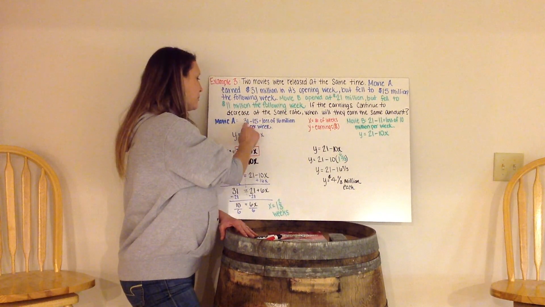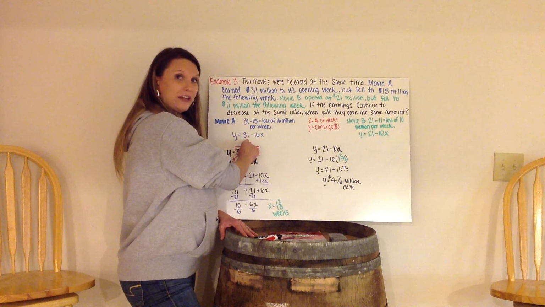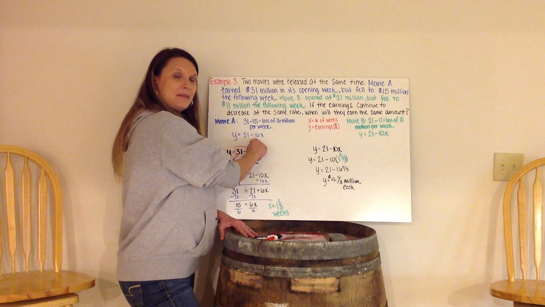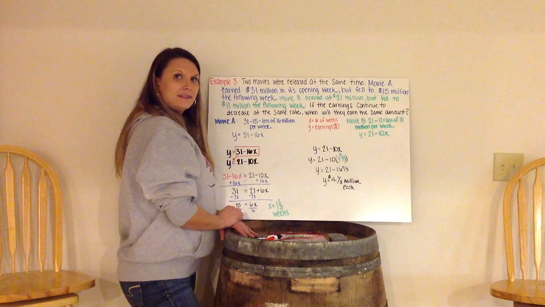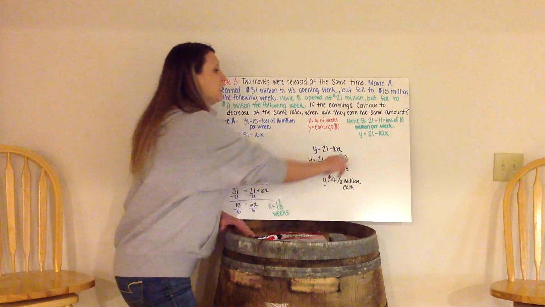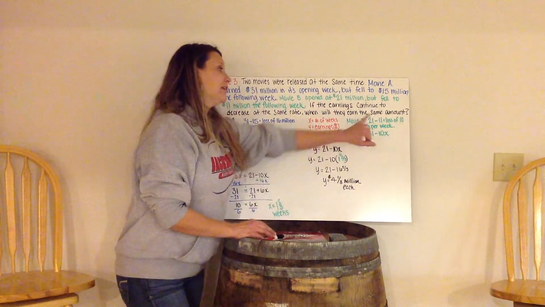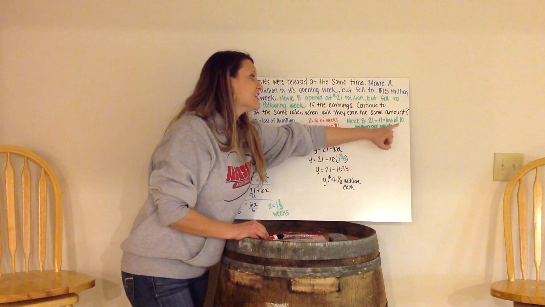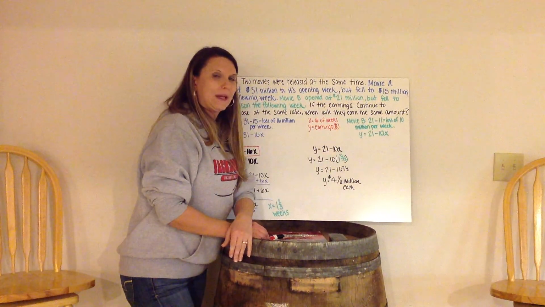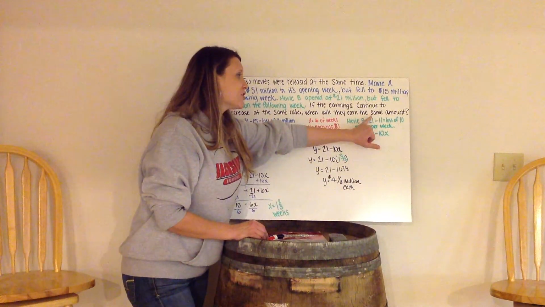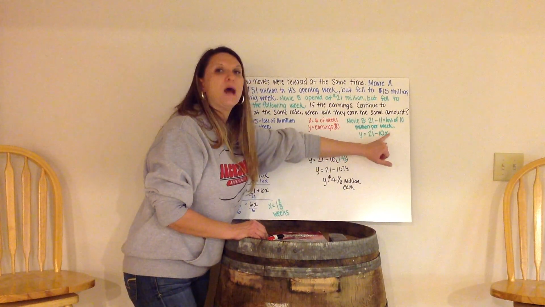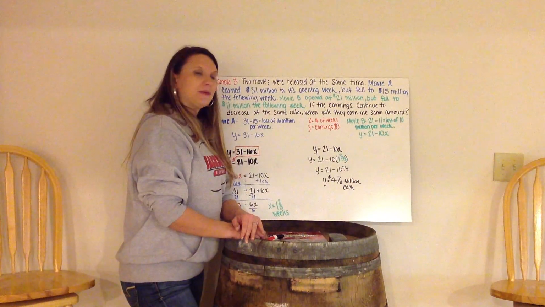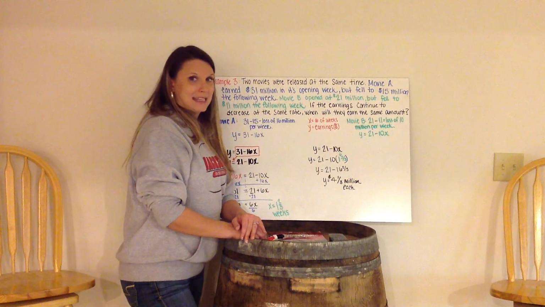So our equation would be $31 is our starting value minus 16 million per week times X. Movie B was 21 million and went down to 11 million. When you subtract them, that is a loss of 10 million per week. So we have our equation 21 minus 10 per week. So y equals 21 minus 10x.